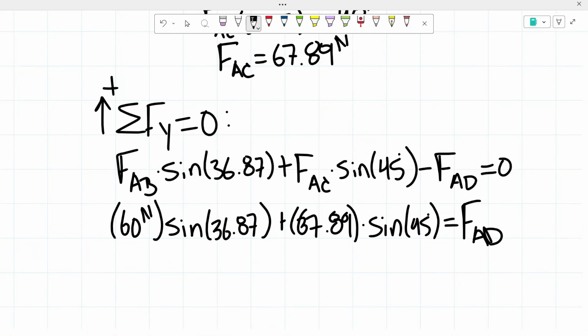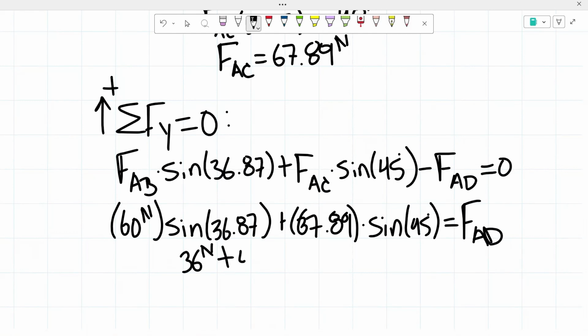So if we were to plug that into our calculator, 60 newtons times sine of 36.87 degrees is equal to 36 newtons, plus 67.89 newtons times the sine of 45 degrees.